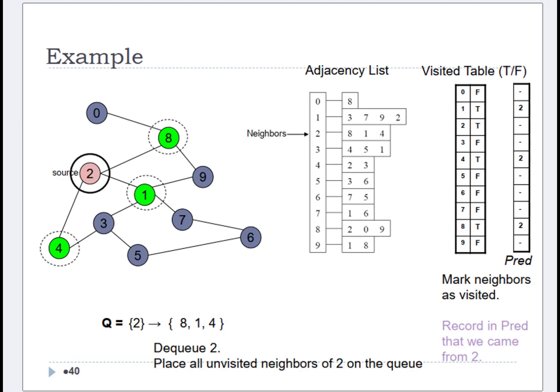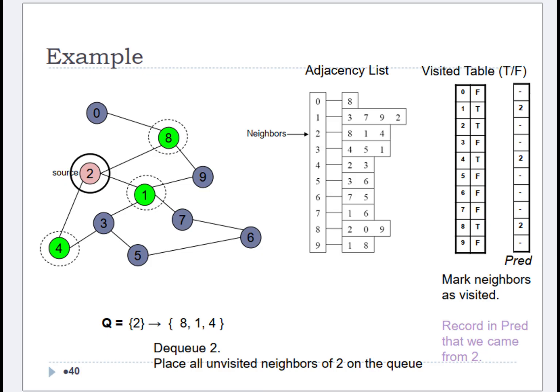Next step: neighbors of 2 are 8, 1. Mark neighbors as visited. Q equals 2, then 8, 1. For each neighbor, record in pred that we came from 2. Dequeue 2.